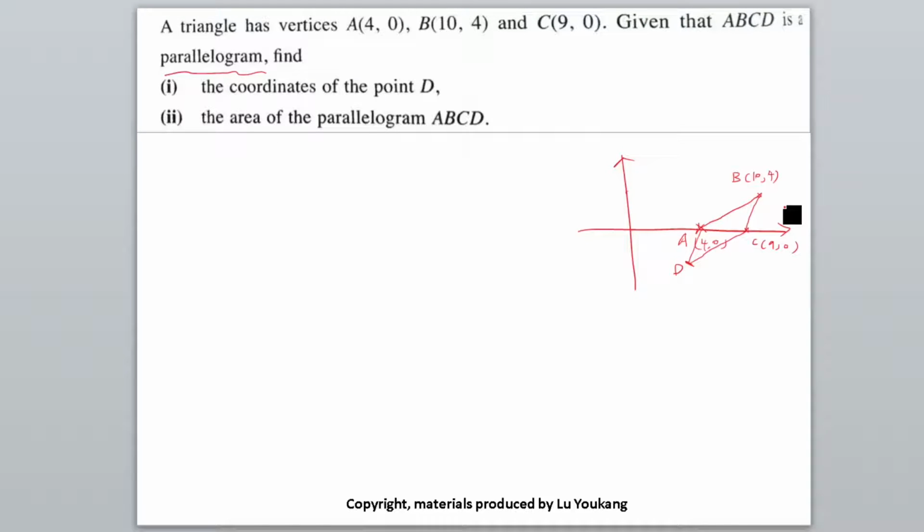So what does this mean to us? What does a parallelogram mean? This means our side AB is equal to our side CD. And not only this, our side AD is also equal to our side BC.